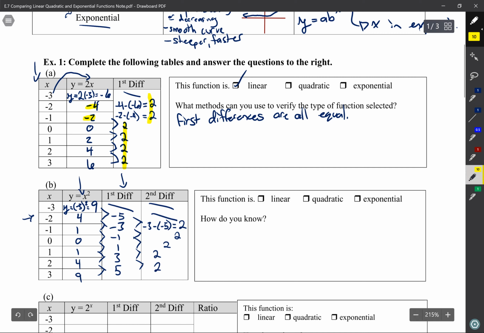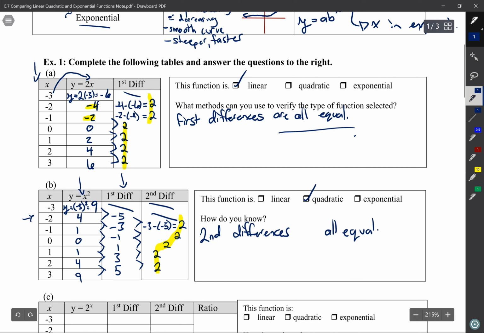So I do notice that my second differences are all equal. That's what a quadratic will look like.